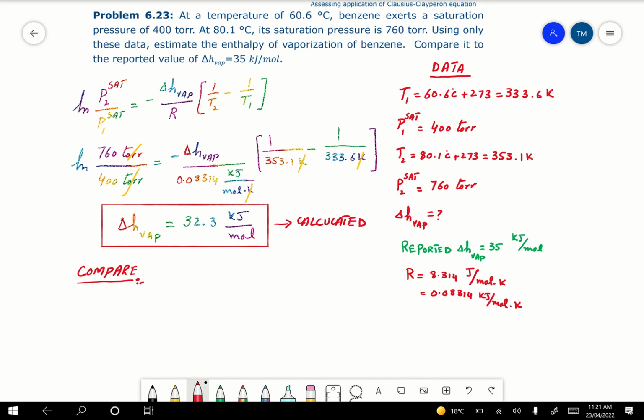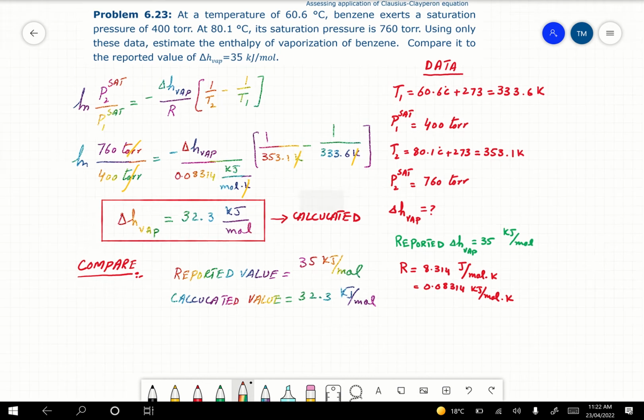The reported value of heat of vaporization is 35 kilojoule over mole, and the calculated value is 32.3 kilojoule over mole. Now how can we compare?